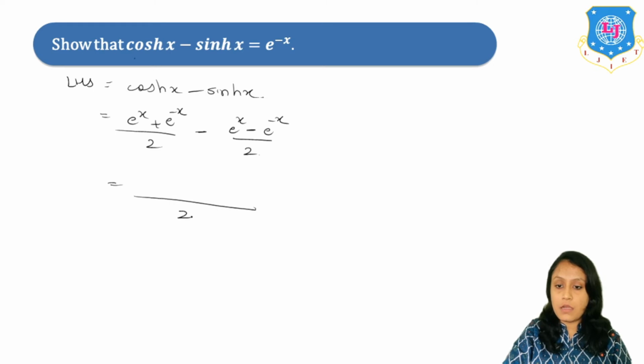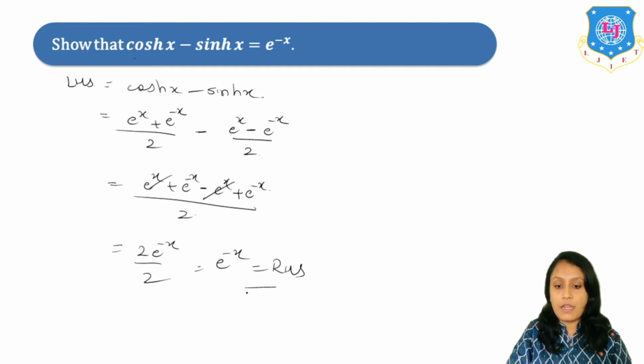So this is upon 2: e^x + e^−x − e^x, and minus minus plus, so we have e^−x. Now these two will get cancelled. So what we have is 2e^−x upon 2, and therefore e^−x, and this is your RHS. So we have proved this result.